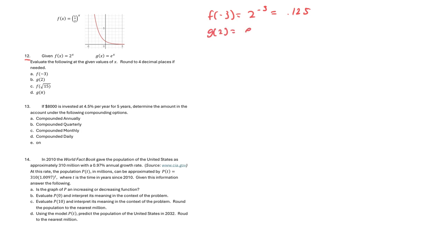G of 2 will be e to the 2, should be 7.3891. F of the square root of 15, 2 to the square root of 15, should give us 14.6516.